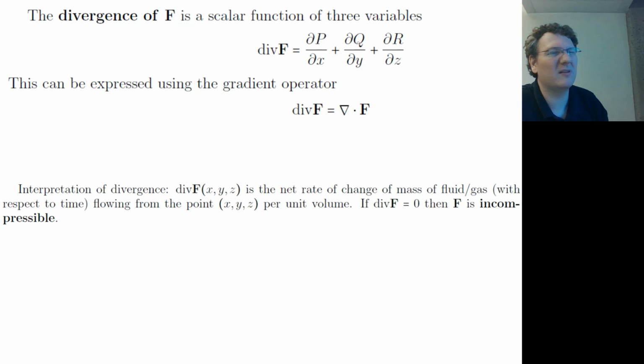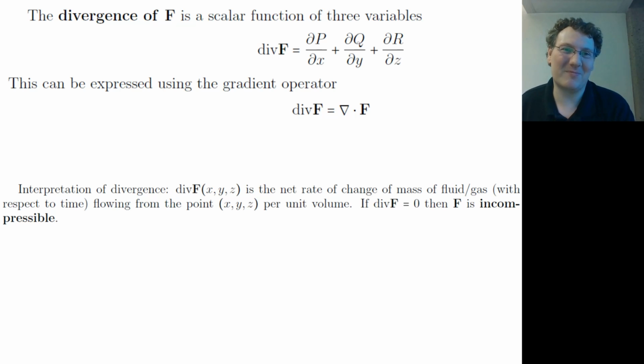A vector field describing some incompressible liquid flowing around would be incompressible. The divergence is going to be 0 everywhere because there's no place where it's getting denser in some areas and less dense in others. But gases are going to be compressible vector fields.